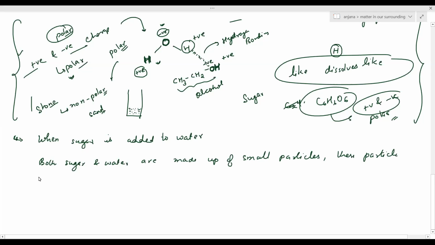These particles are very small and cannot even be observed under a microscope. So these are so tiny and so small that you cannot even observe them under the microscope. Okay.